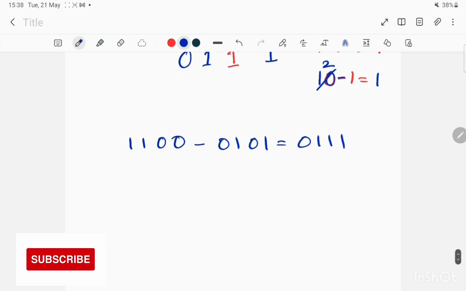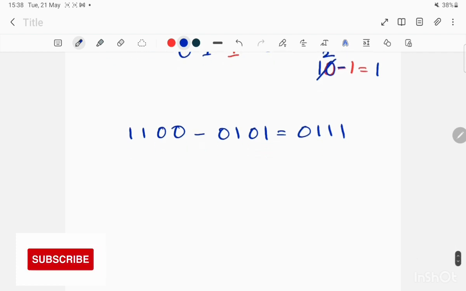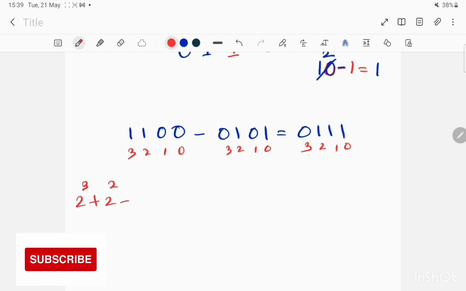So let us verify whether it is correct or not. For that, the positions are 0 1 2 3 for each number. Let us be quick. So it is 2 to power 3 plus 2 to power 2 plus 0 plus 0.